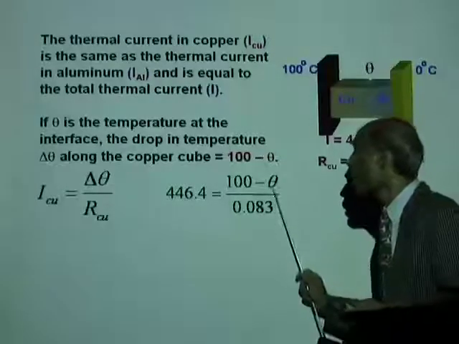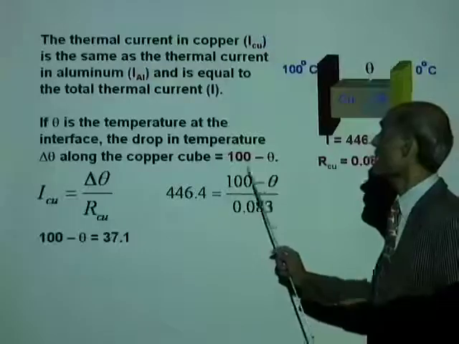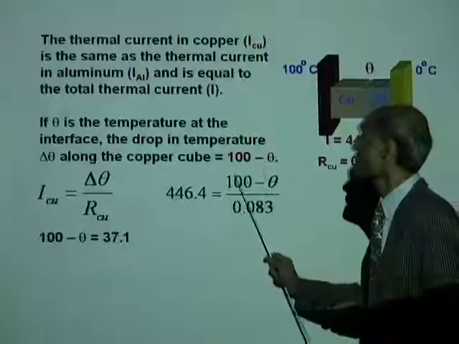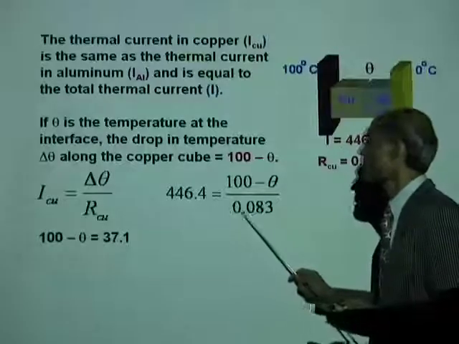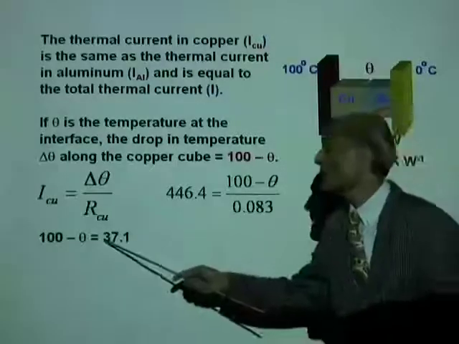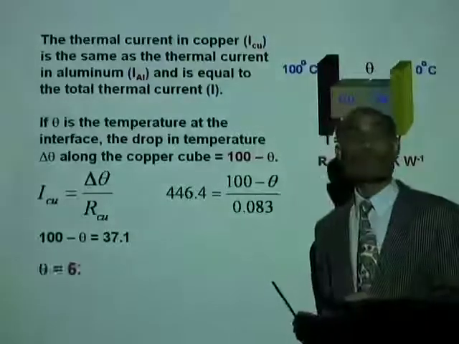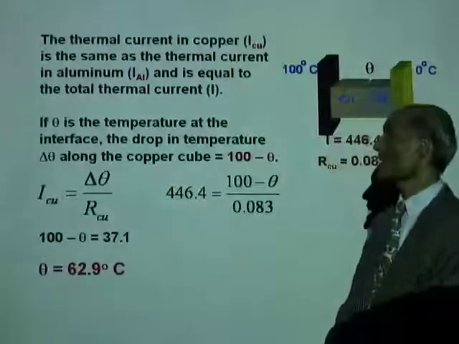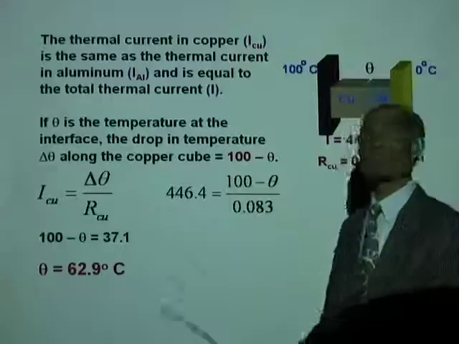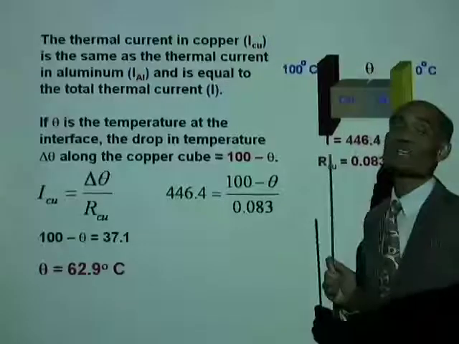We can now solve for theta from there. 100 minus theta equal to 446.4 multiplied by 0.083. That is 37.1. And therefore theta equal to 62.9 degrees Celsius. That is the temperature at the interface.